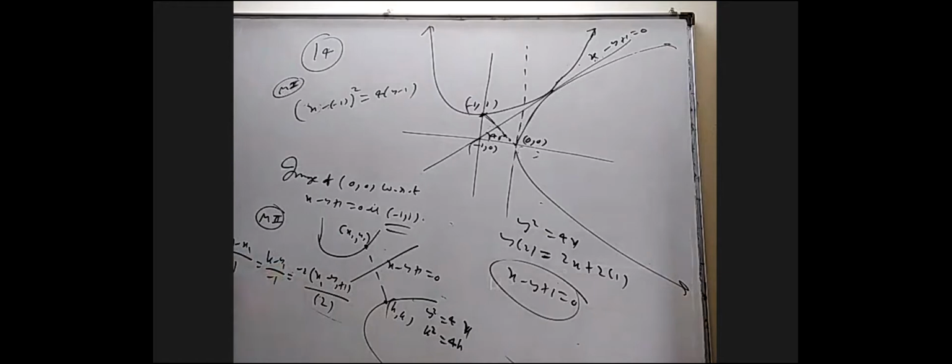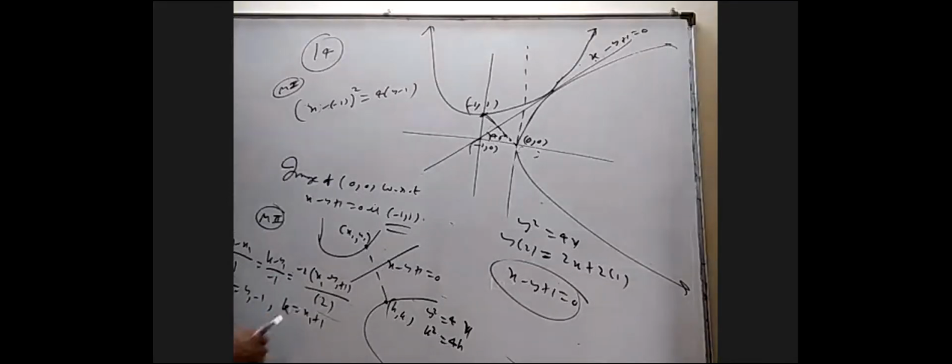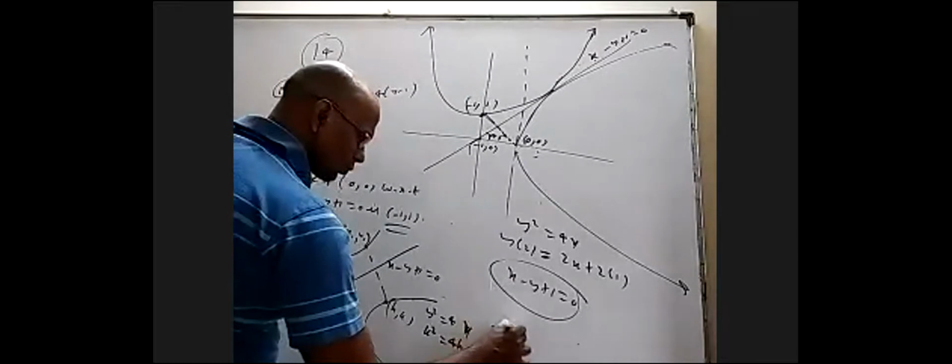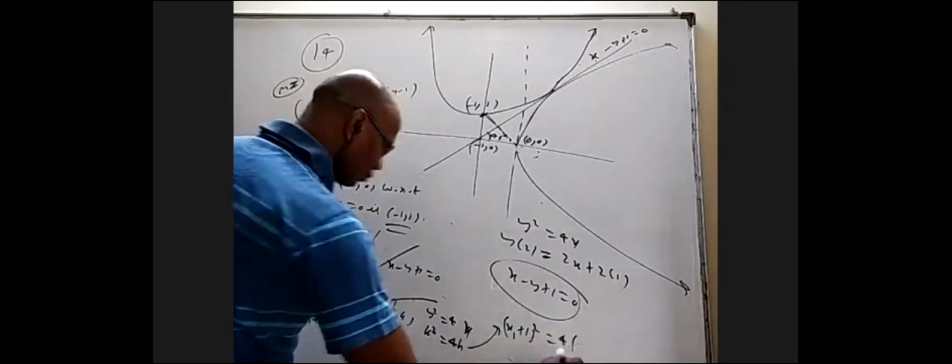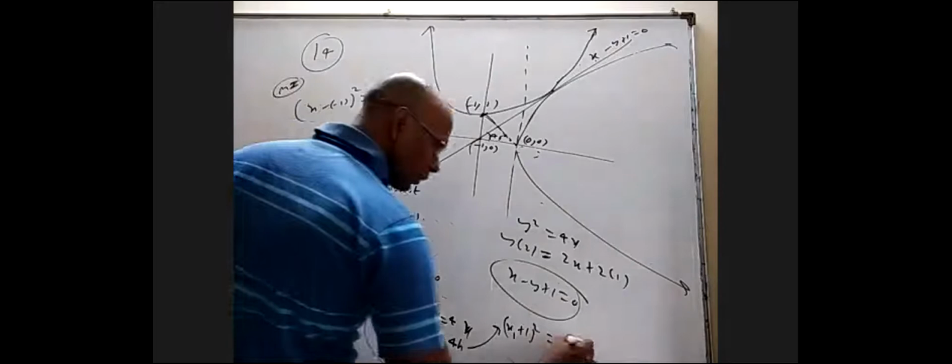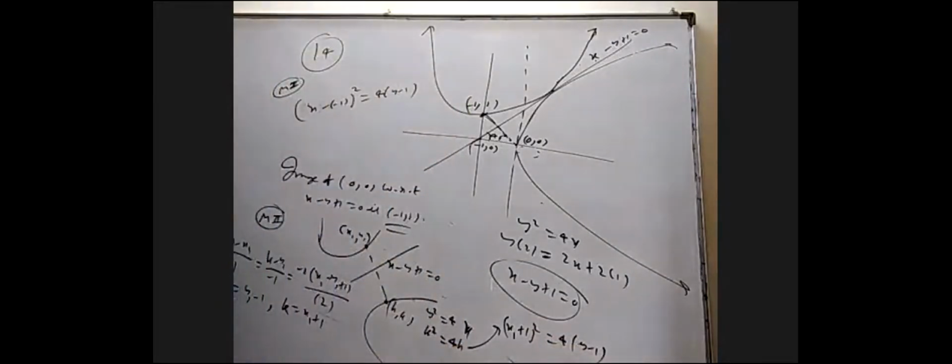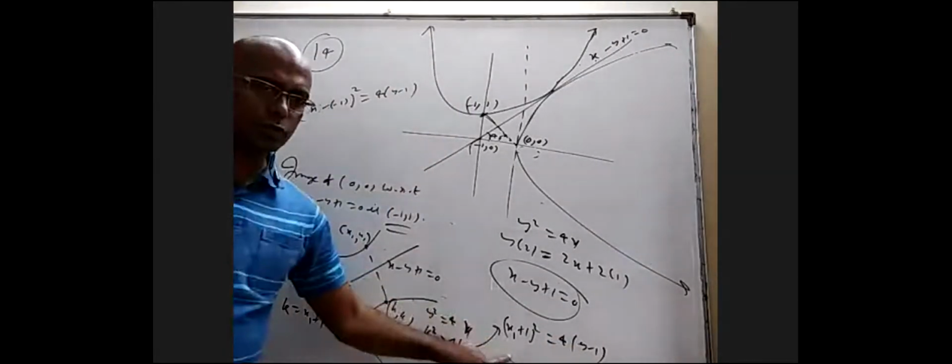When I equate these, h will come y1 minus 1, and k will be x1 plus 1. So this will become x1 plus 1 whole square equal to 4 into y1 minus 1. You can see the same answer: x plus 1 whole square equal to 4 into y minus 1.